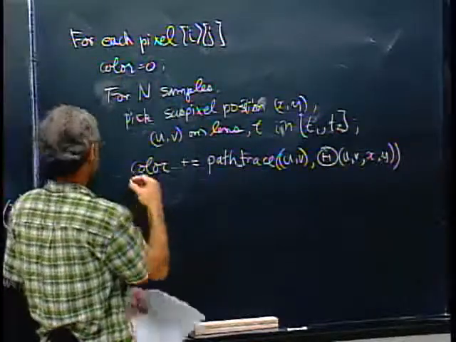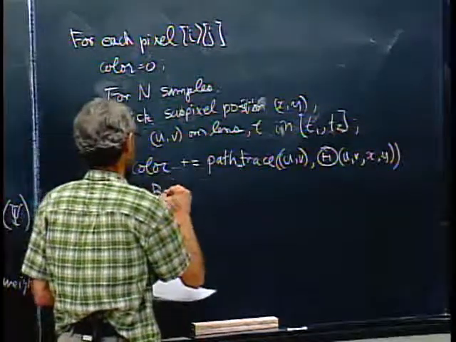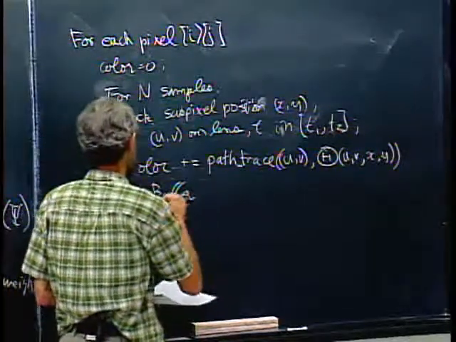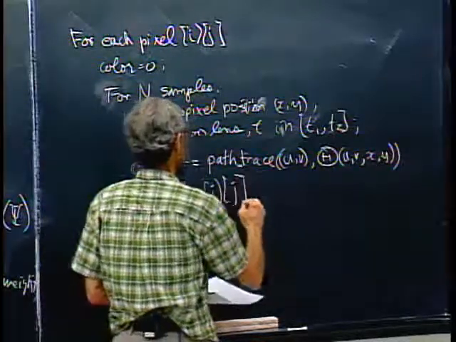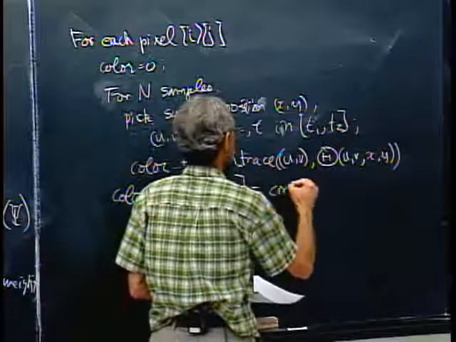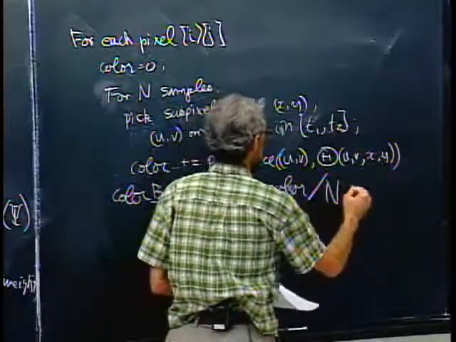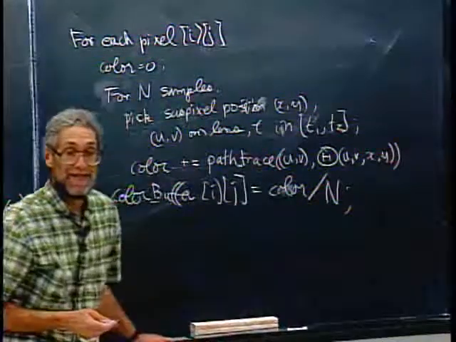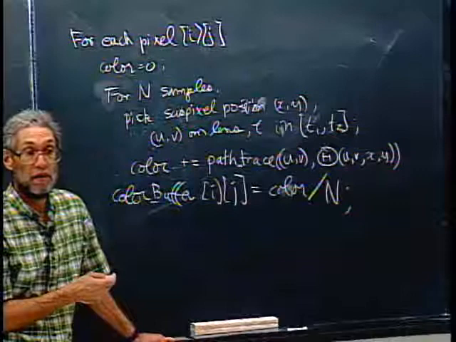And that color is incrementing this color, and then you set the color buffer of ij equal to the color that you add up for all those samples divided by the number of samples. And that's the average color. That's your estimate of your integral.